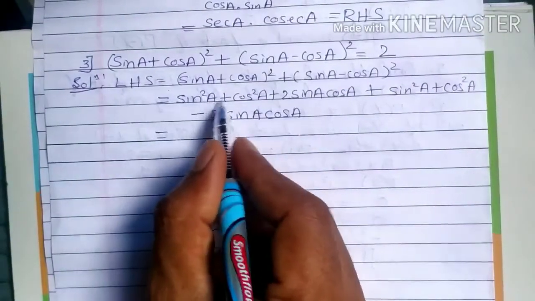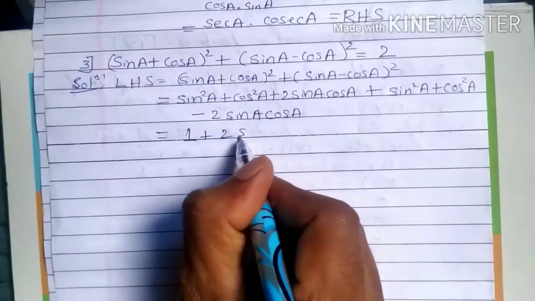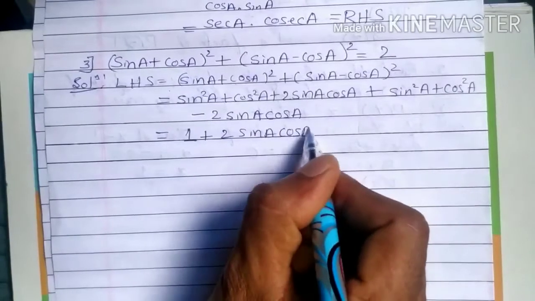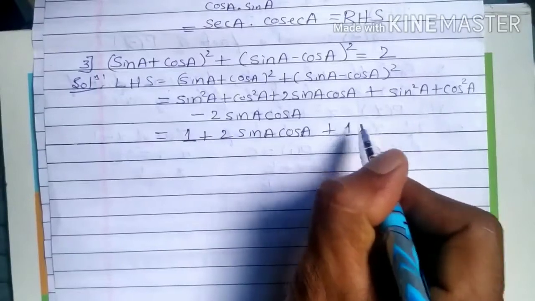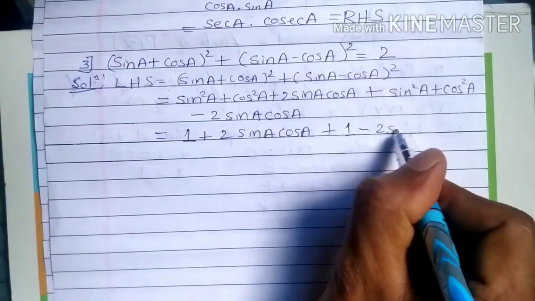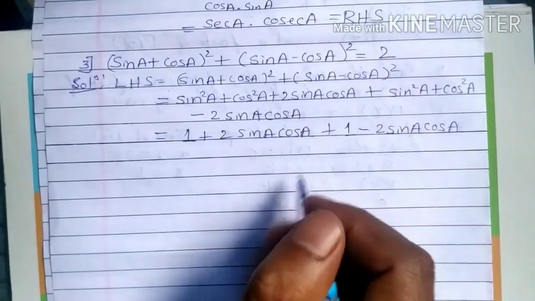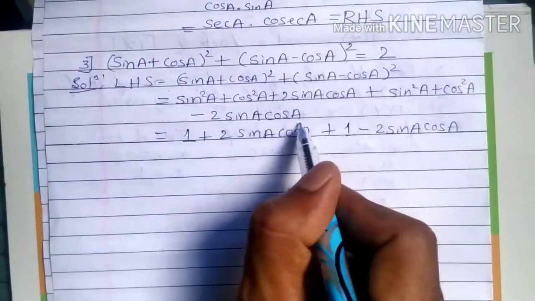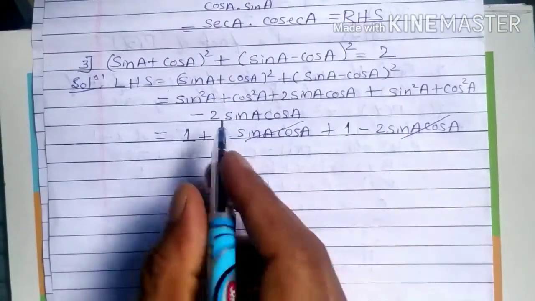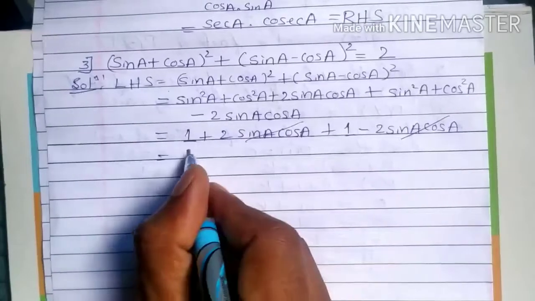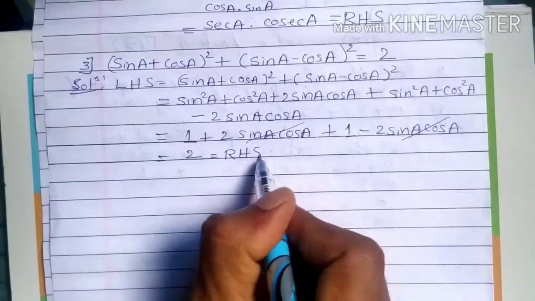So now we know that sin square A plus cos square A is equal to 1, plus 2 sin A cos A as it is, plus again sin square A plus cos square A is equal to 1, one of the identities, minus 2 sin A cos A. Plus 2 sin A cos A minus 2 sin A cos A, they will get cancelled. 1 plus 1 is equal to 2. So that is the required answer, is equal to RHS.